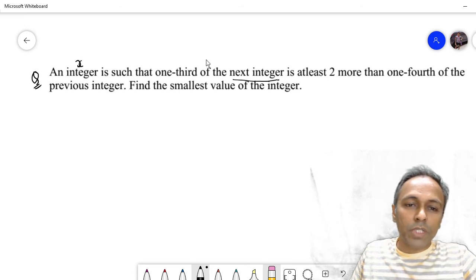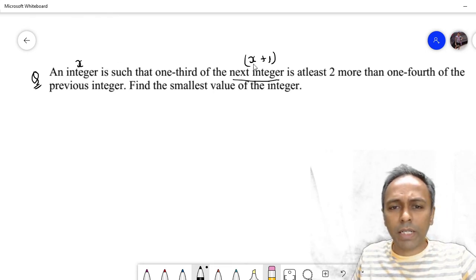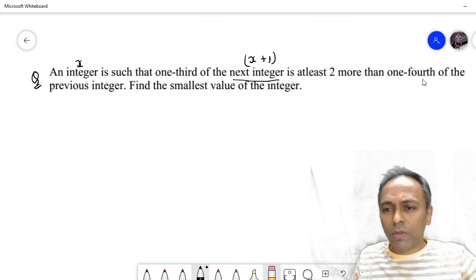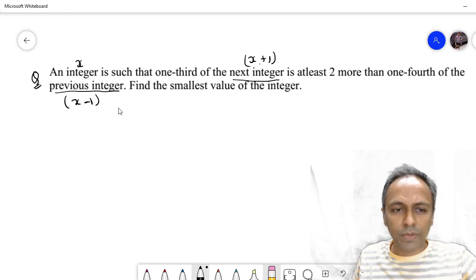So if your integer was x, the next integer is called x plus 1. X can be positive or negative, but the next integer will be plus 1. Is at least 2 more than 1/4 of the previous integer. Previous integer means x minus 1, previous to the original integer x, right? Not to this one, to the original one, x minus 1.